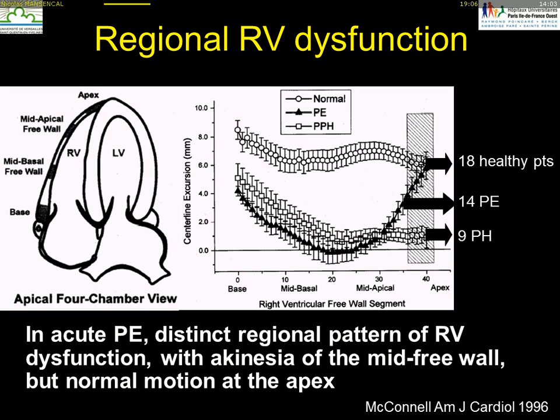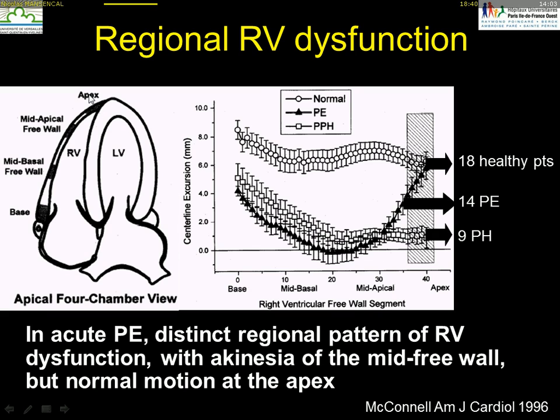It is also possible to perform the assessment of the regional right ventricular systolic function. In acute pulmonary embolism, there is a distinct regional pattern of right ventricular dysfunction with akinesia of the mid-free wall, as you can see here, and normal motion at the apex.